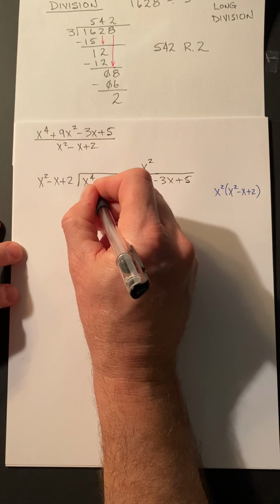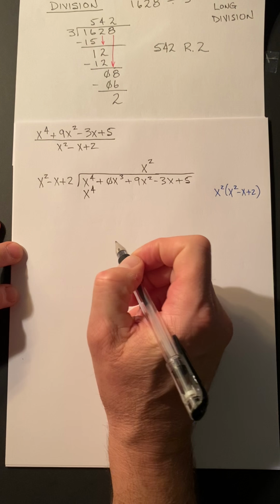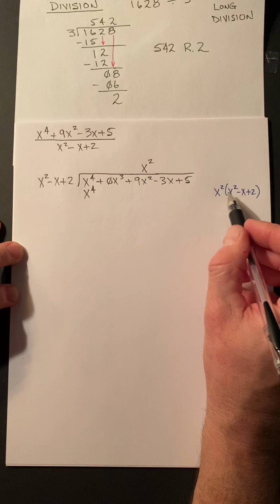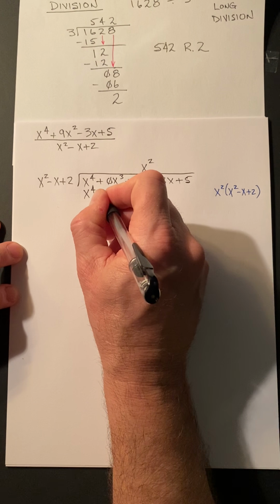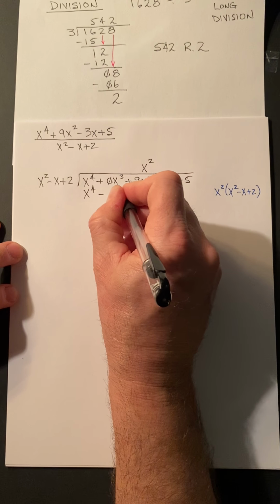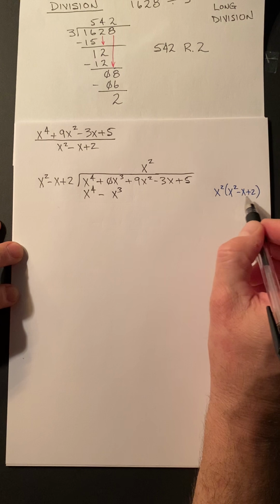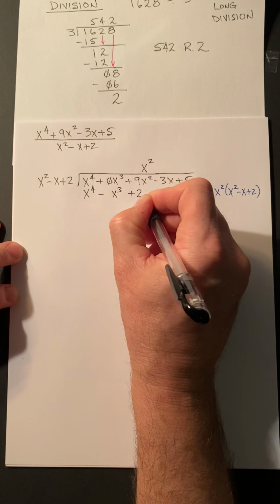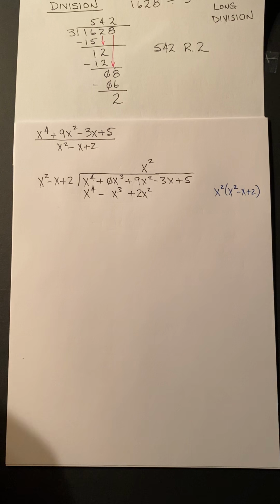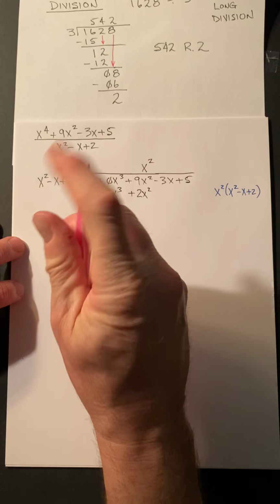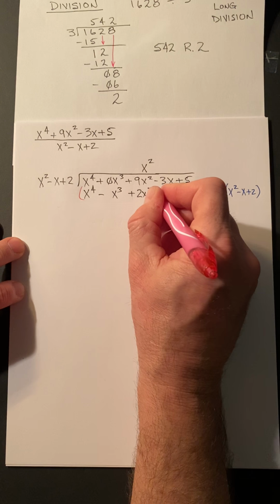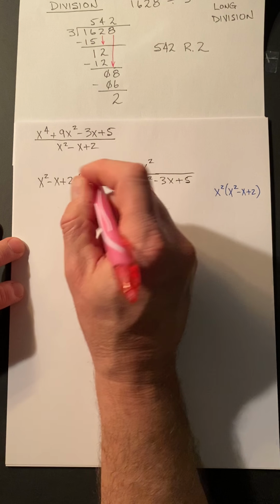So I'll have x to the 4th, which is important that they're the same. X squared times minus x is minus x cubed. X squared times 2 is plus 2x squared. And remember my process, I'm going to subtract this entire result.